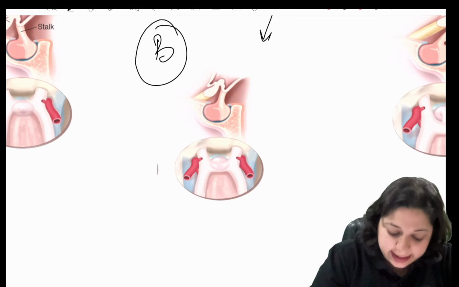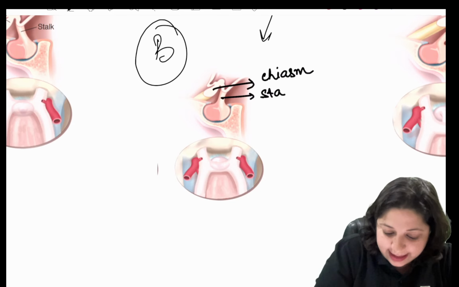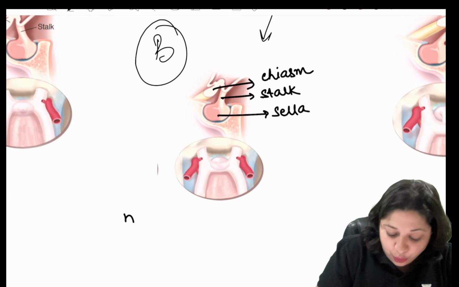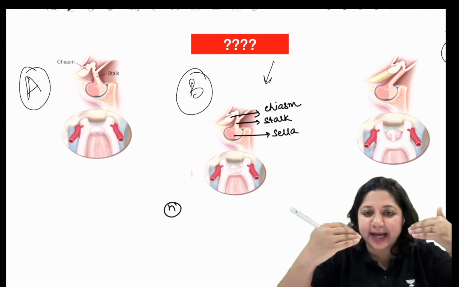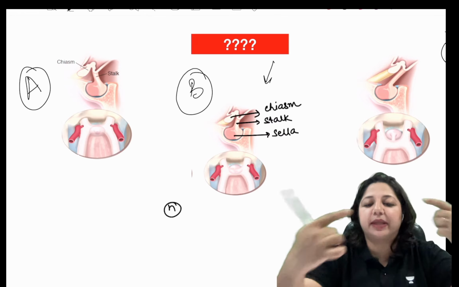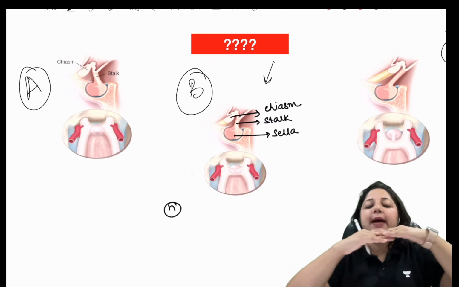Well, what is seen in B is this is the chiasm and this is the stalk, as I told you, and this is sella. So what is the normal position of optic chiasm? You know, optic nerves come inclined at 45 degrees. They run posteriorly over the cavernous sinus and they cross above.